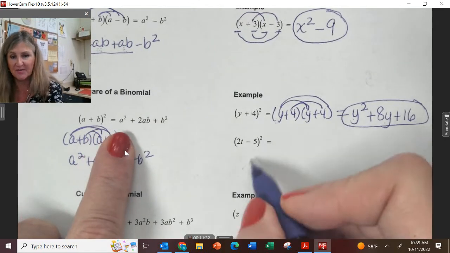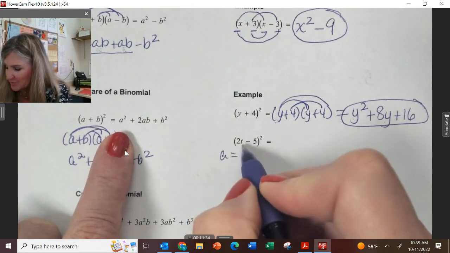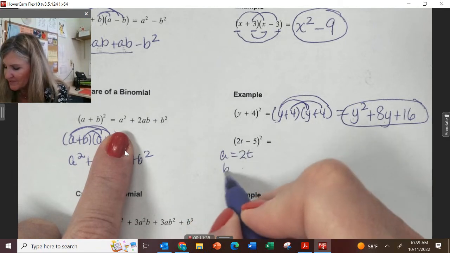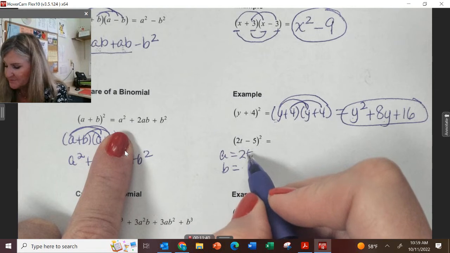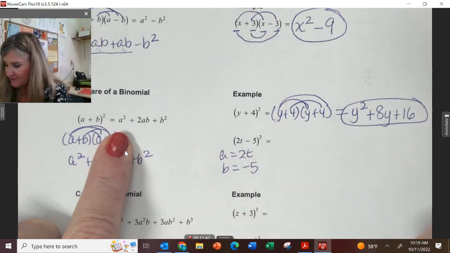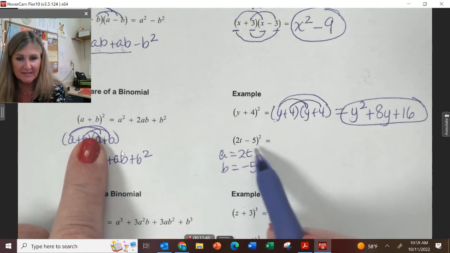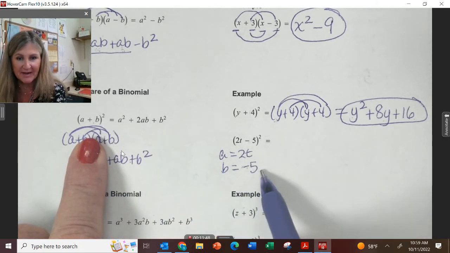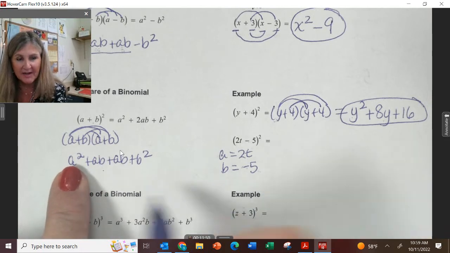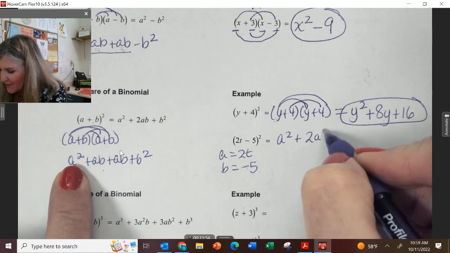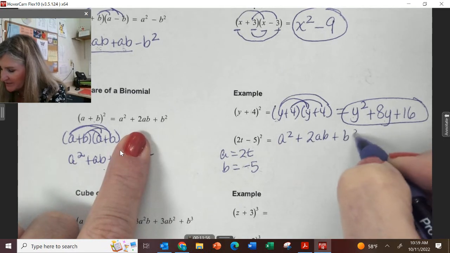Let's try using it on the next one. What's a in this problem? 2t. What's b in this problem? -5. Because the formula says this is a plus, and it's not, so b has to be -5. Now we're going to plug it in. So the pattern has to go a squared plus 2ab plus b squared.